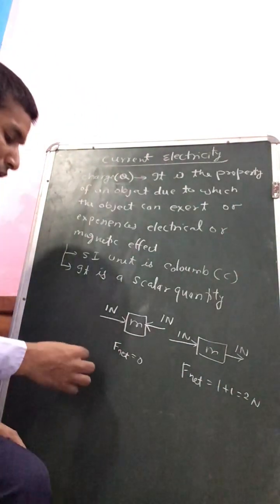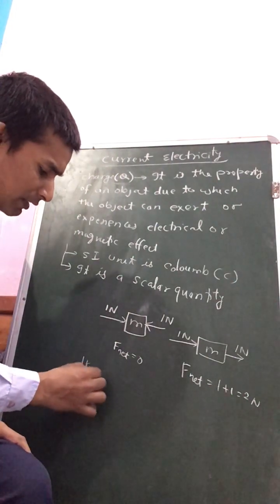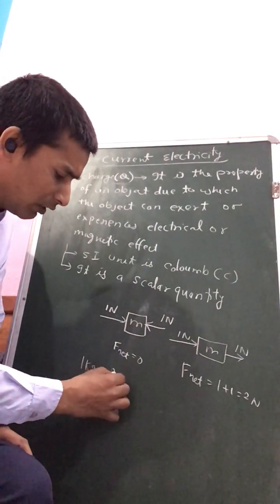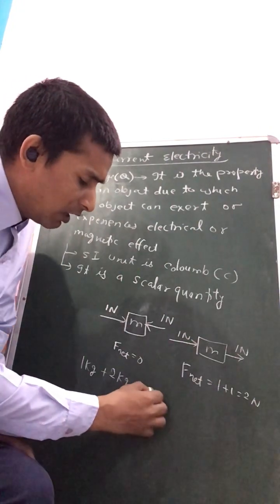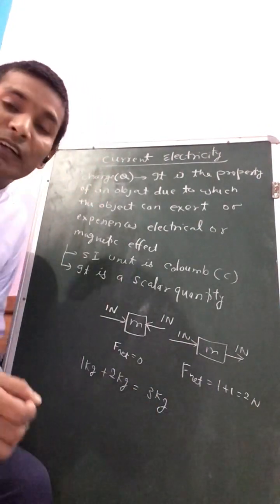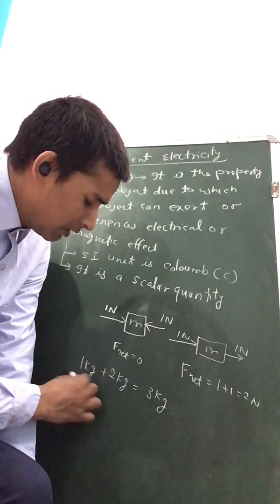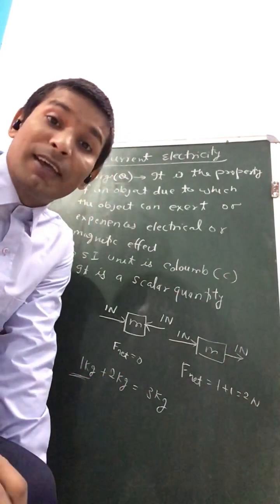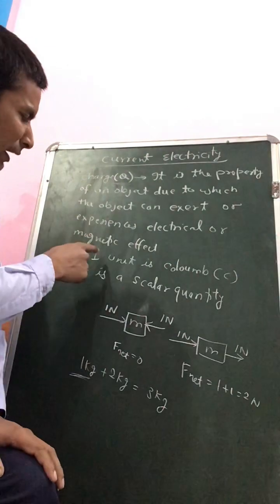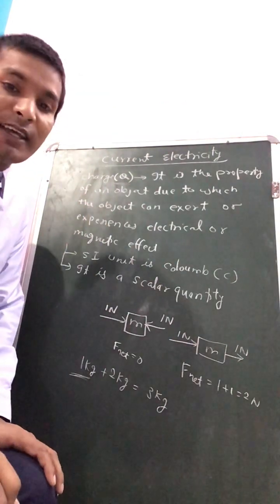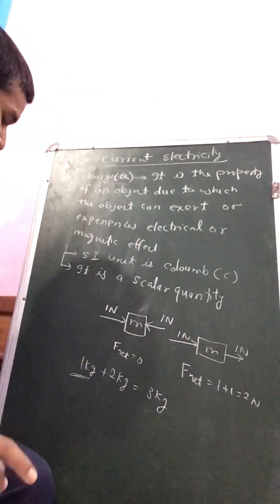But if we add 1 kg plus 2 kg, it will always be 3 kg. It does not depend on the direction, right? So that means mass is a scalar quantity. In a similar manner, charge is also a scalar quantity. Hope it is clear.